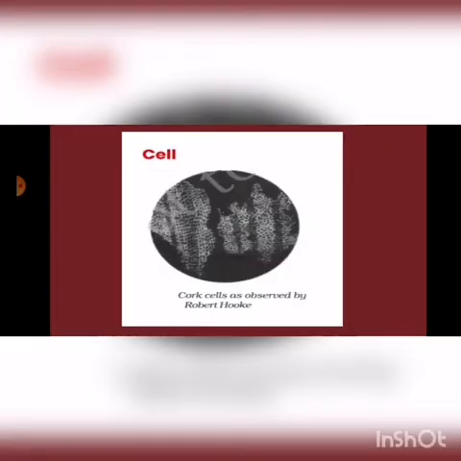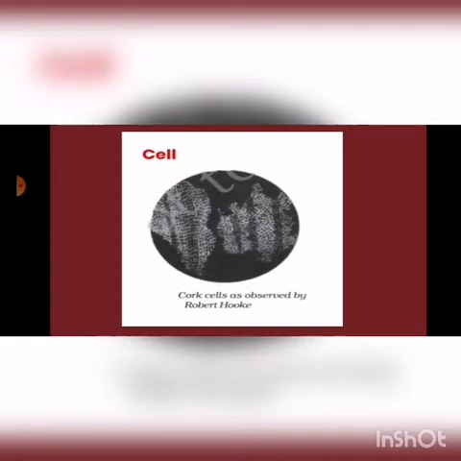Scientists could study the cells of a living organism only when improved microscopes with high magnification were invented, 150 years after Hooke first observed the cells.